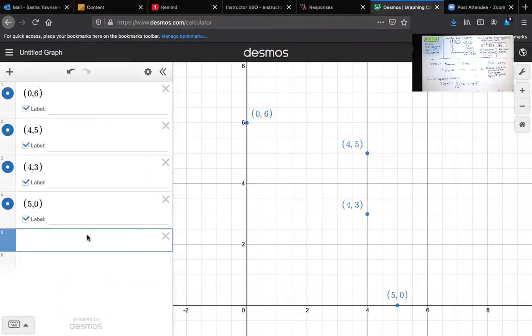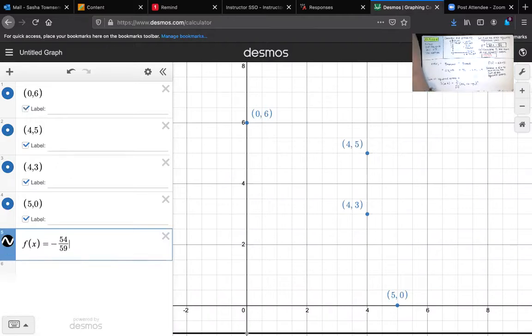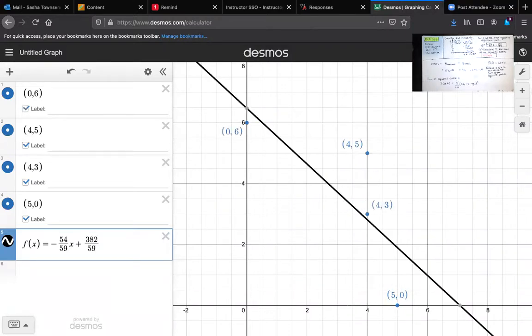Now I want to graph f of x equals negative 54 over 59 times x plus 382 divided by 59. And that's it. That's the least squares line.